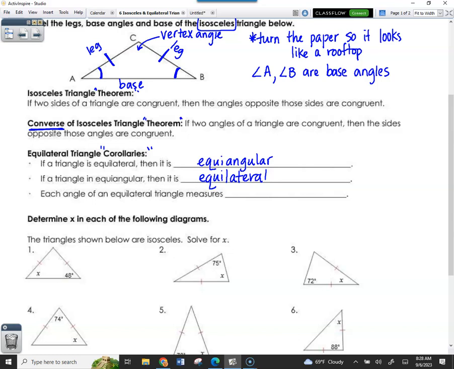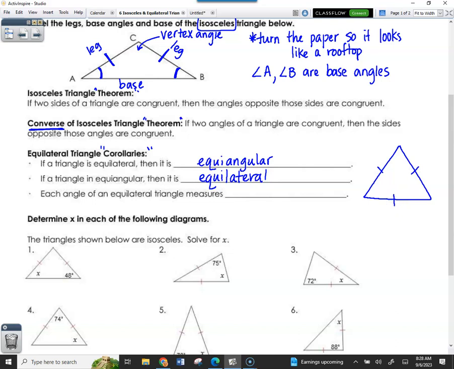Now, the next part is where some math comes in. And some of you got here yesterday. I don't want to throw the number at you because I want to see if you can remember it or see if you can get there. If I tell you that you have an equilateral triangle, let's try to draw one right here.